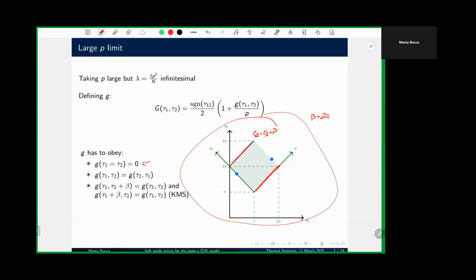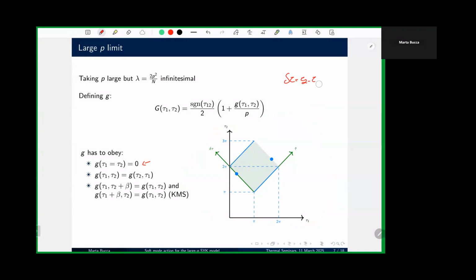Since we're interested in these two boundaries, these two lines that we have here, it is going to be convenient to define a new set of coordinates as well. So we have delta tau, which is tau 2 minus tau 1, and then we also have tau bar, which is tau 1 plus tau 2 over 2. And this is convenient because the boundaries now are simply delta tau equal to 0 and delta tau equal to beta, or 2 pi.